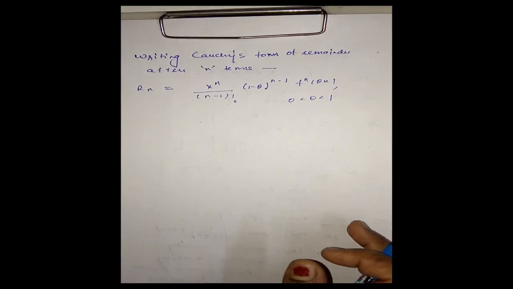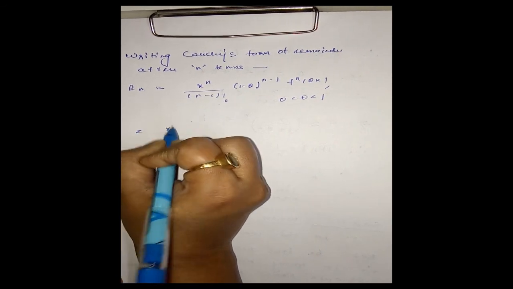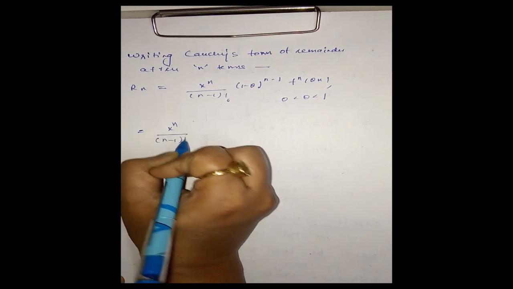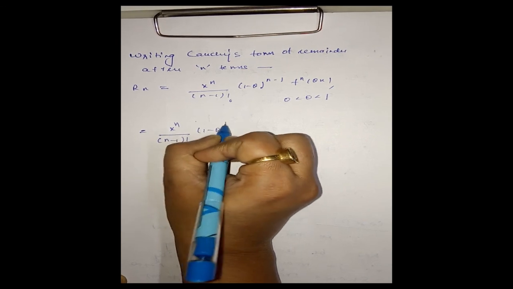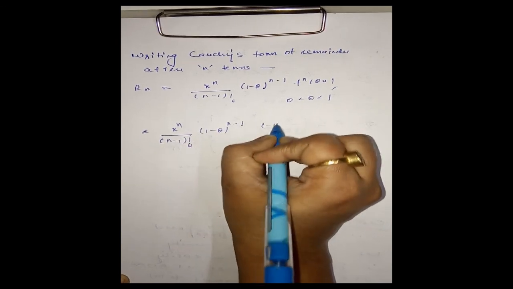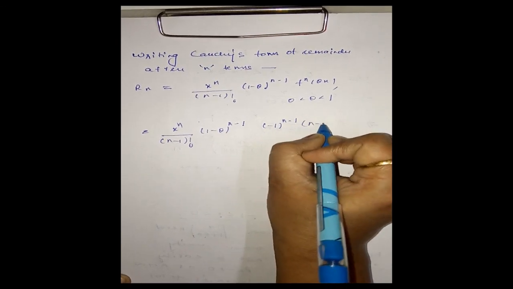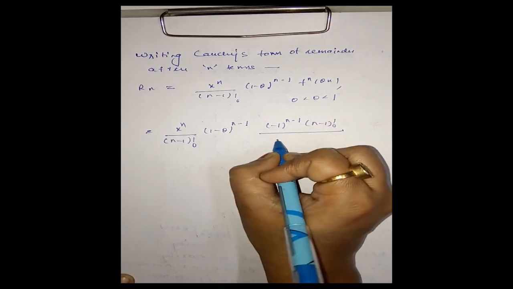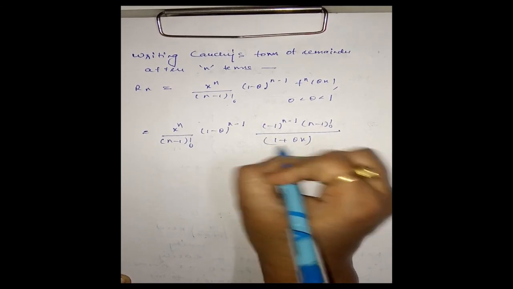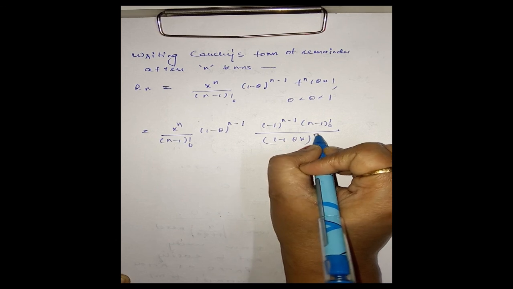Now here we have x^n by (n minus 1) factorial, (1 minus theta) power n minus 1, divided by (1 plus theta x) power n.